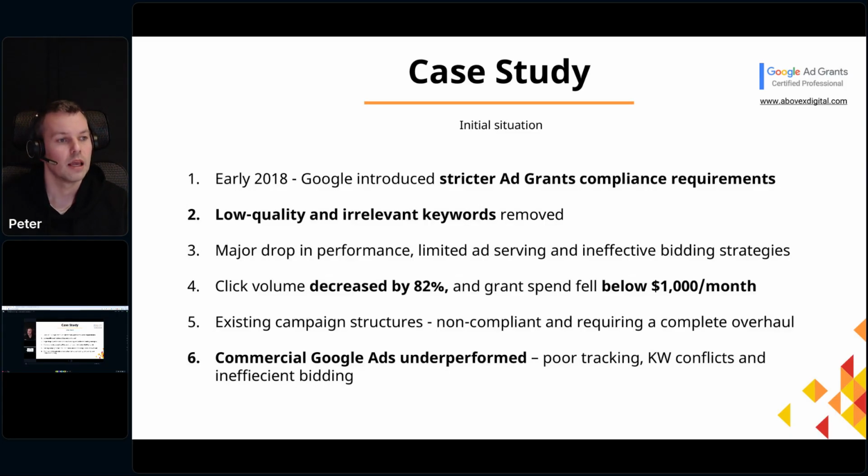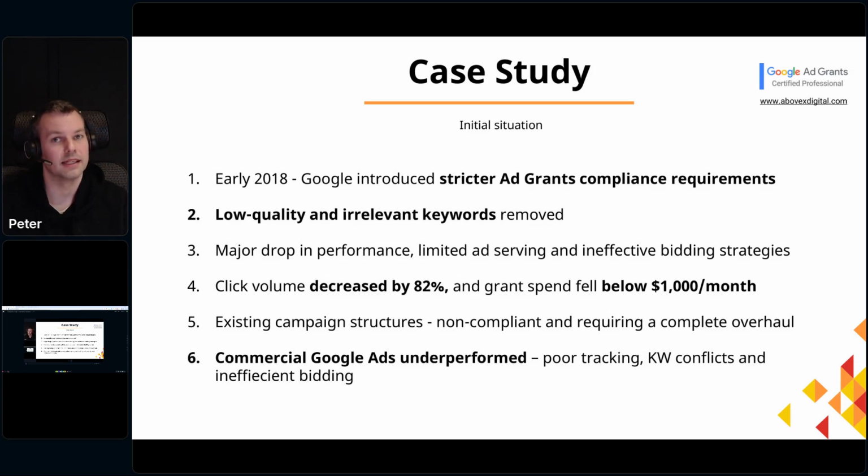They had a lot of low quality keywords with low relevancy, so low quality scores. Google started to filter them out. Because of that, their clicks dropped by more than 82% during a short period of time, and the grant utilization fell below 1,000 per month, right?